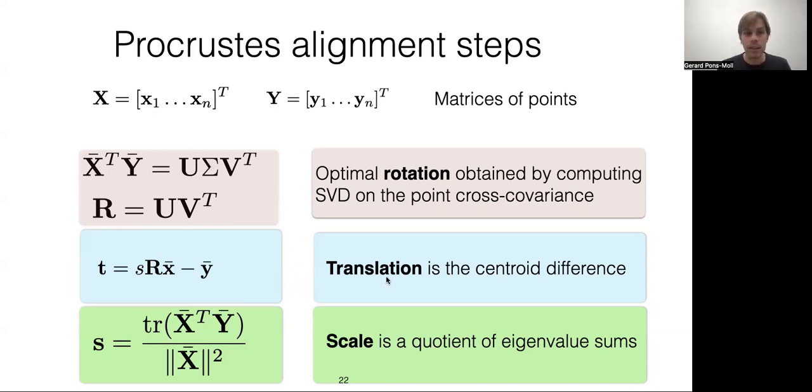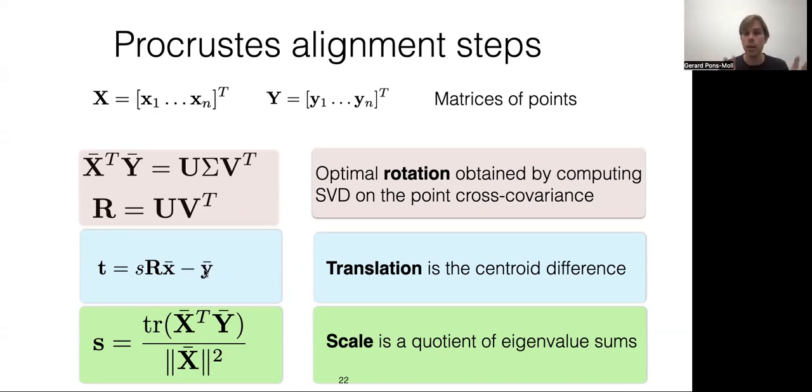Now the translation is simply, given that I know the scale and the rotation, basically the difference between the transformed centroid X bar and the target centroid of the shape. That's giving us the optimal alignment.